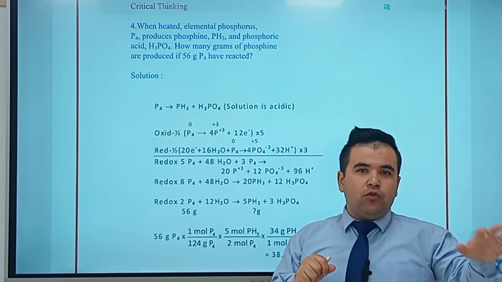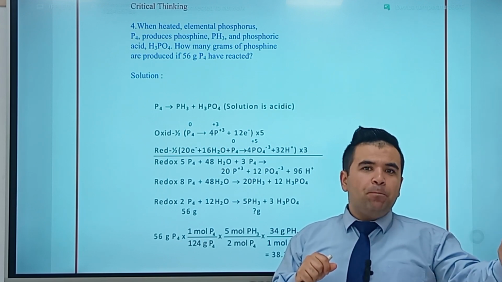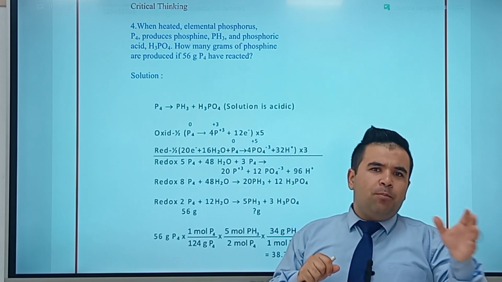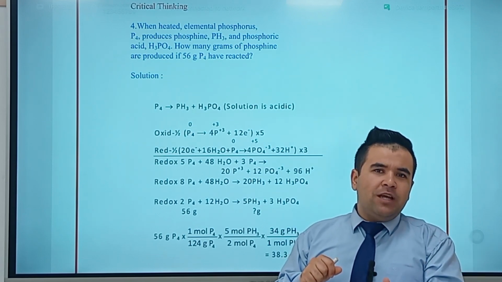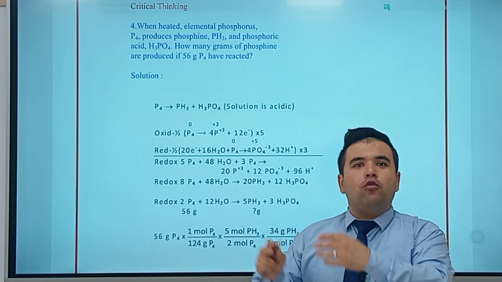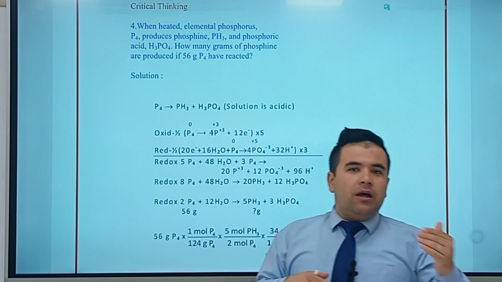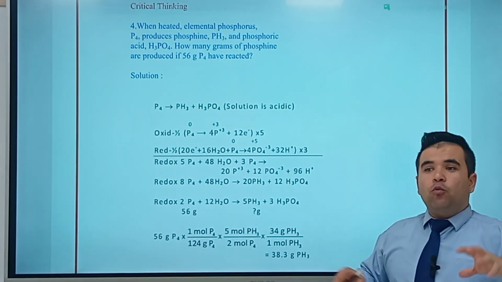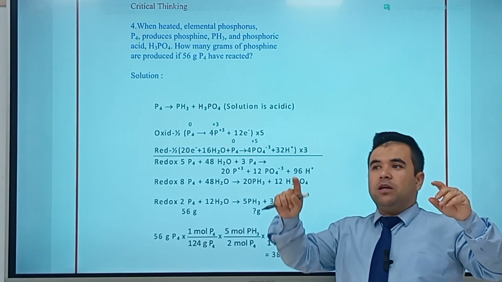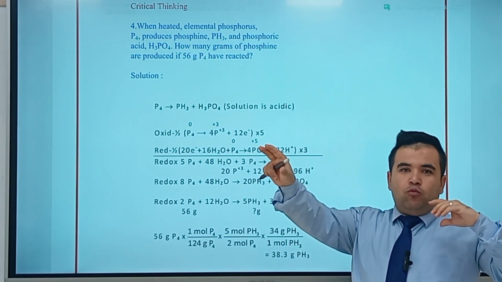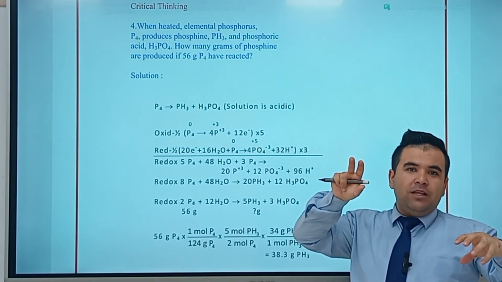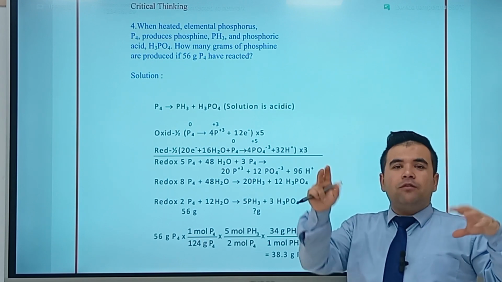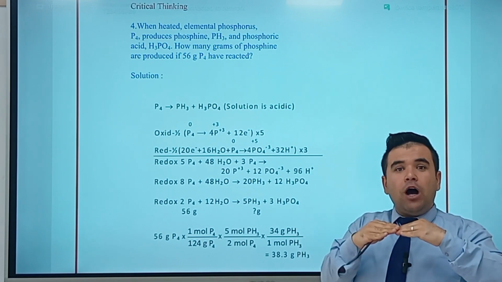Prior to that, you have to know in which medium to balance. In acidic medium, add H2O to the lower oxygen side, H+ to the higher oxygen side. In basic medium, H2O for the higher oxygen side, OH hydroxide for the lower oxygen side. And then when you balance both sides, the electrons lost must be equal to the electrons gained. If not, you have to equalize them and then add the two halves.